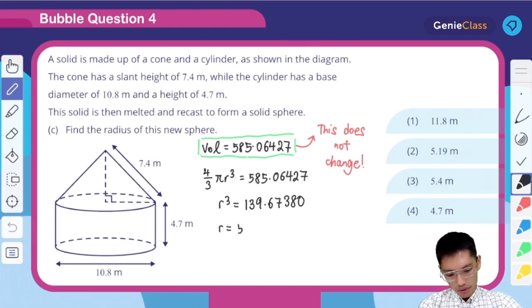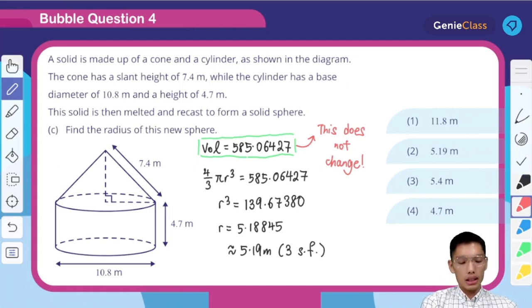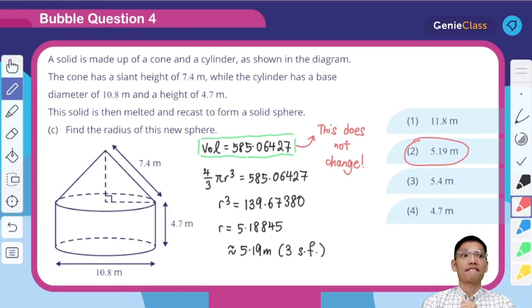And we do the cube root of this to get my value here, 5.18845. 3SF, 5.19 meters. That's where we have. For those who want to find other notions over here, just take note. Be very careful. Just make sure what are the certain things that happen when, in this case, melt and recast. Very nice notion over here.